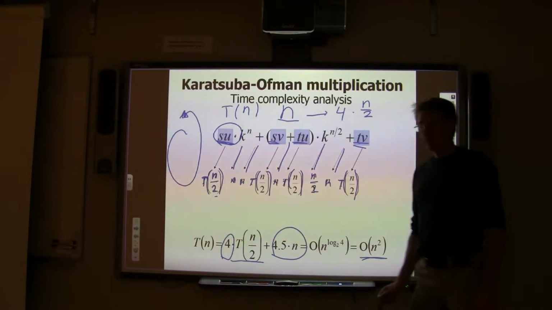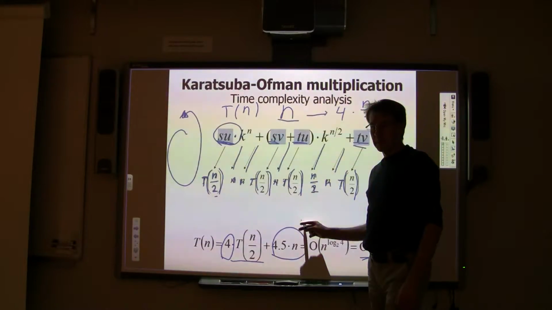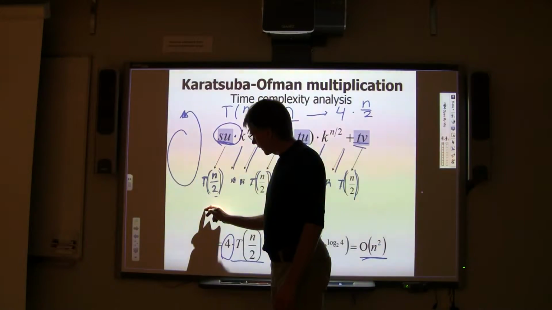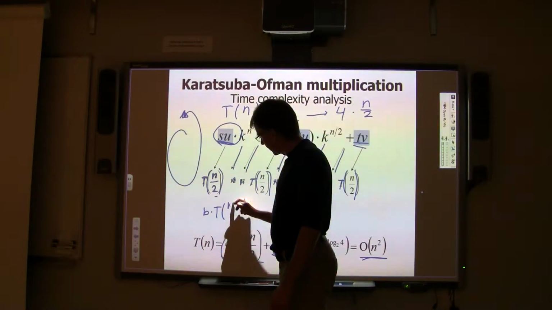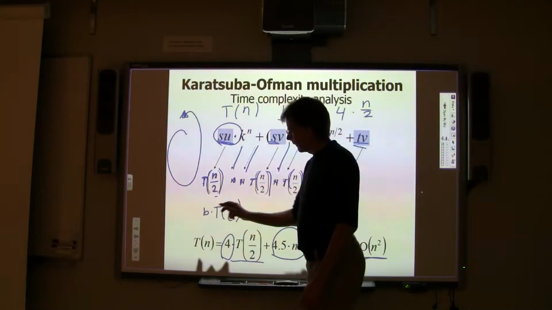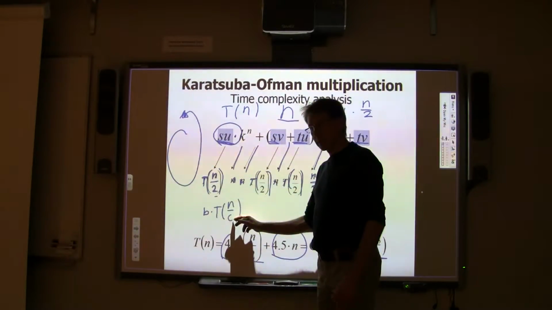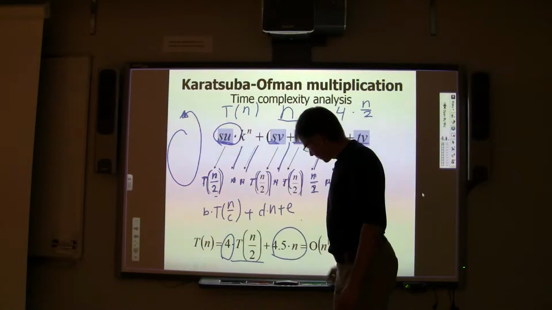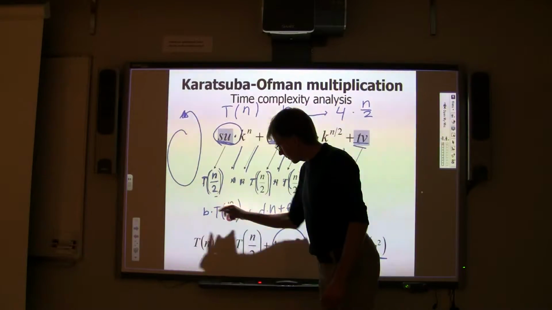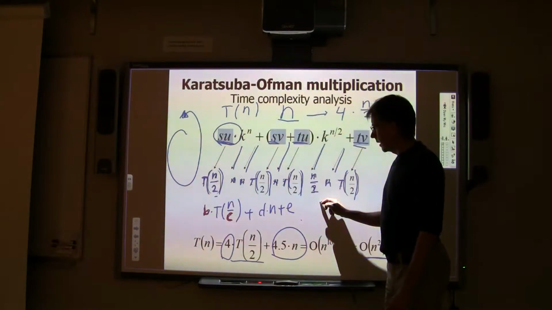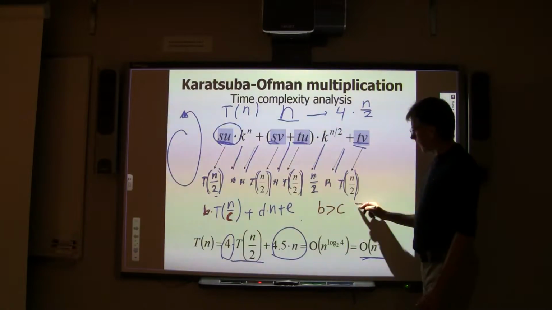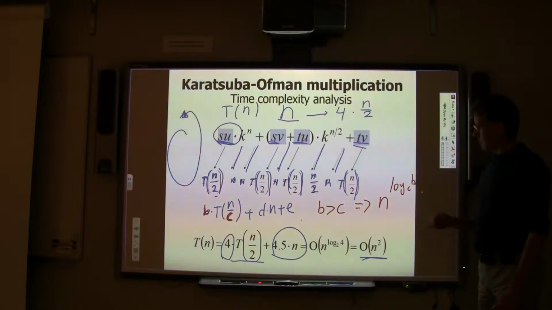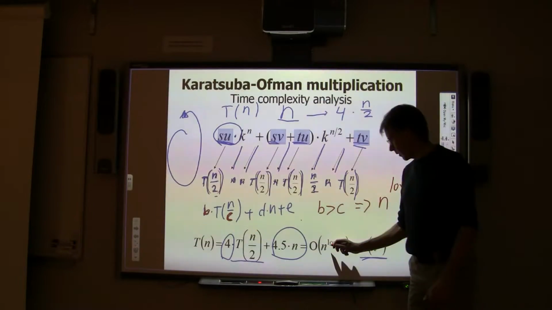And guess what? Master theorem, geometric case. And the master theorem, I think it was B greater than C. Yeah, we have B recursive calls of size dividing factor C plus D times N plus E. So what we are really interested in is this C and B and their relation, and we will find out B is greater than C, and therefore time complexity is N times C-based logarithm of B. And that's what you have here.